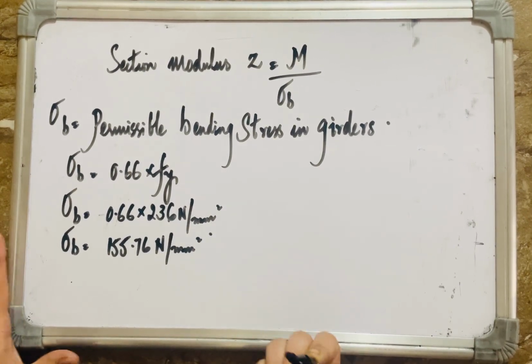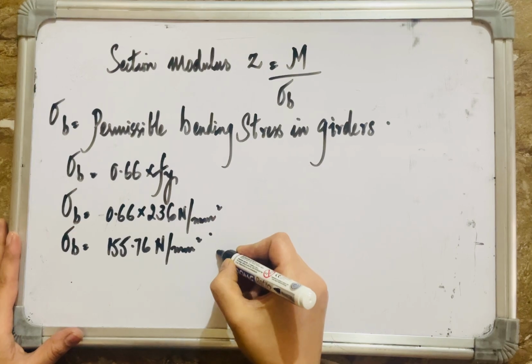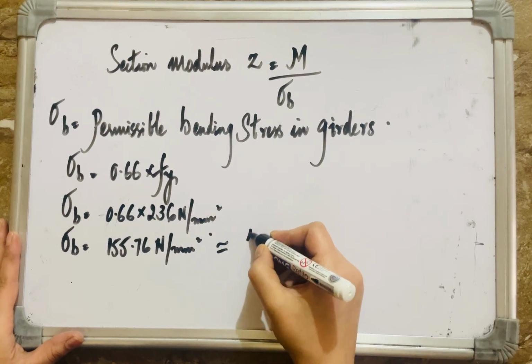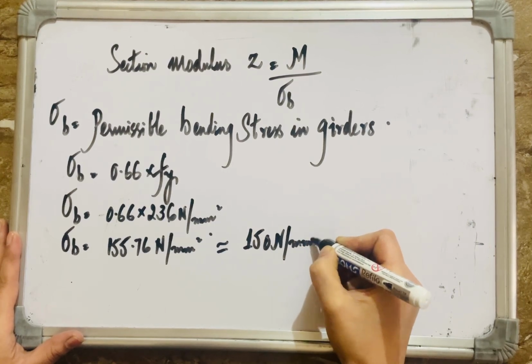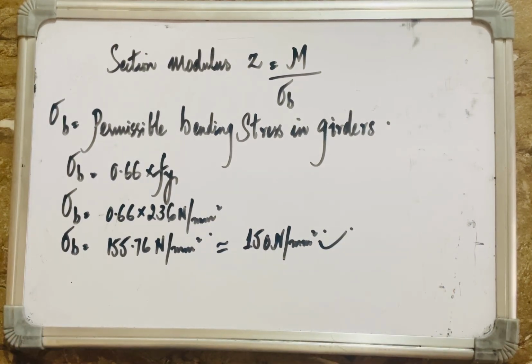But for design purposes, let me consider 150 Newton per mm square as the permissible bending stress in girders in my design.